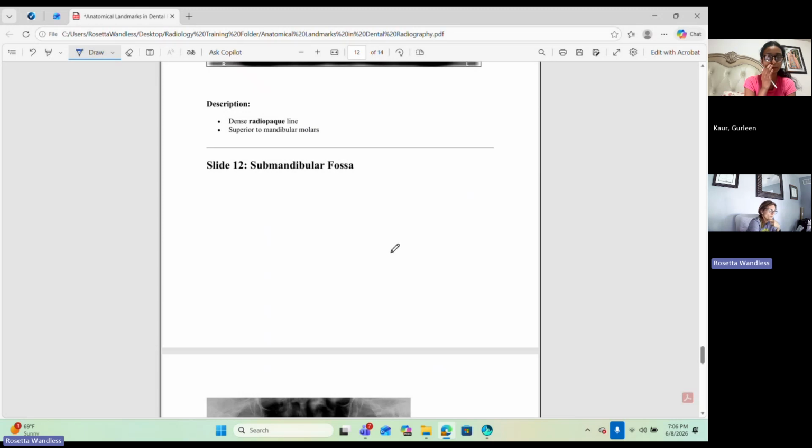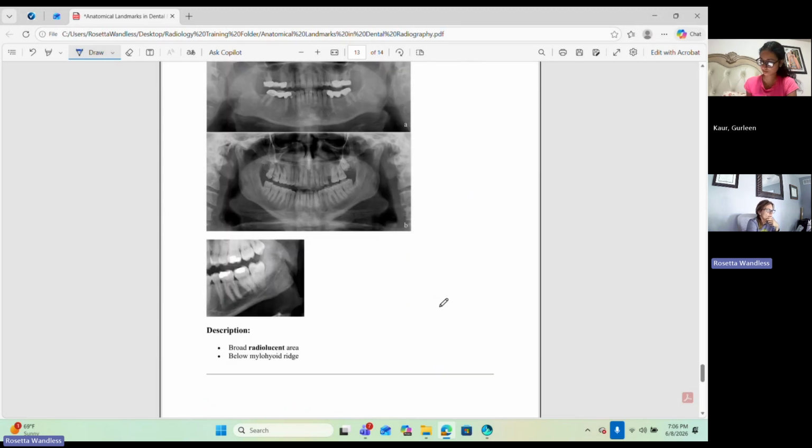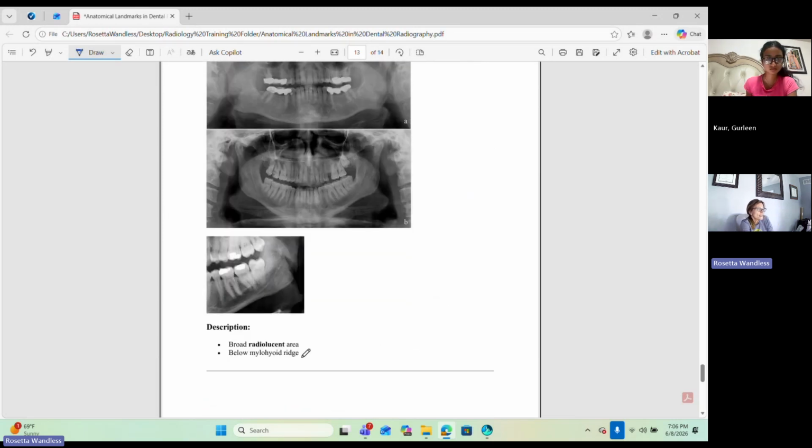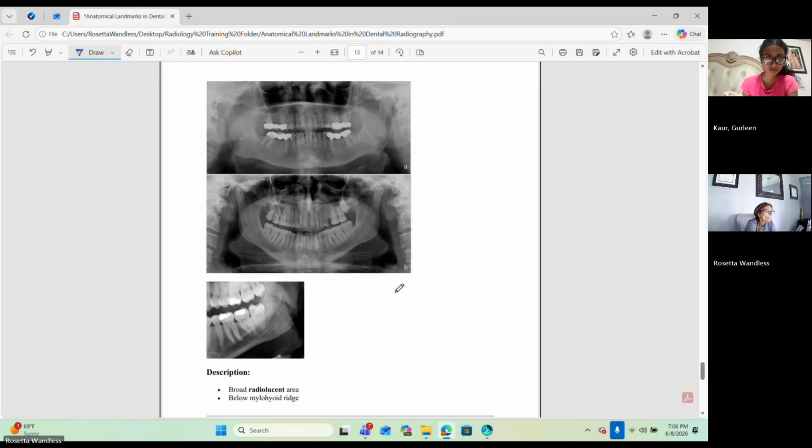Submandibular fossa is what we were just talking about. It's a broad radiolucent area, that darkened area down here.